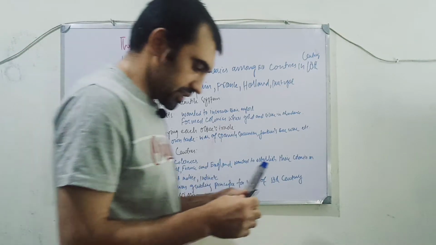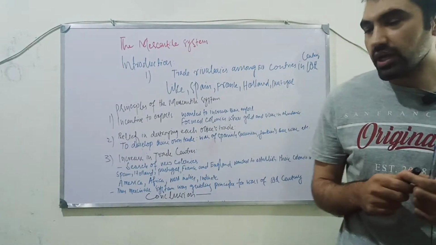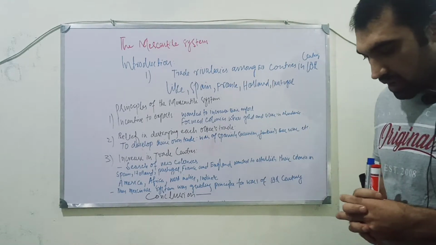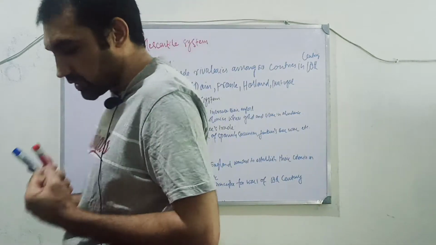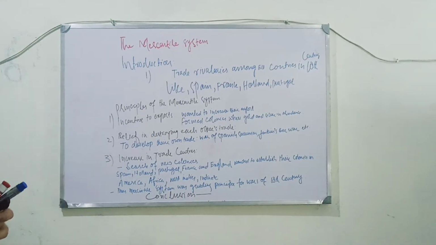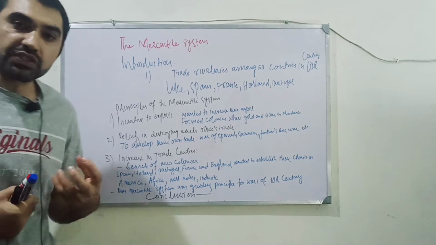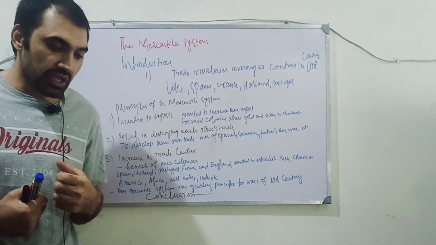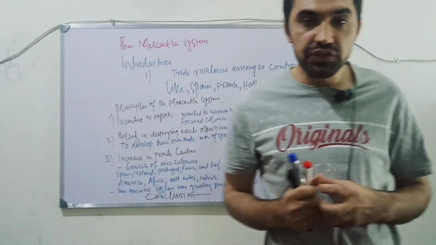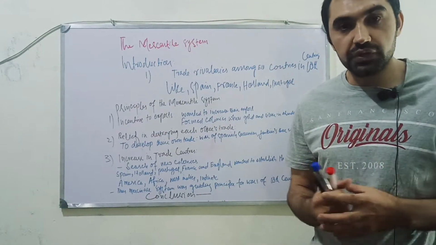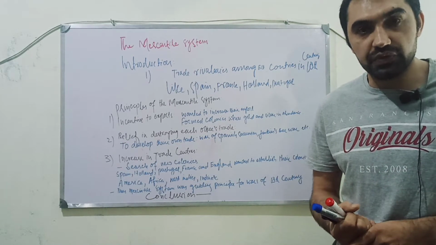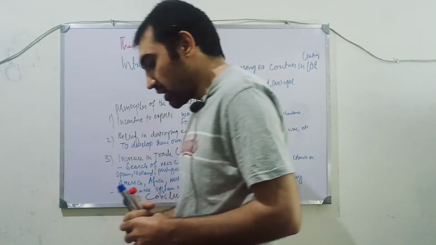Okay, dear students, today we will talk about the mercantile system, how this system was introduced, what was the importance of this system, and why this system was introduced. As I told you earlier, we have started British history, and of course, British history is of great significance for CSS and PMS examinations.